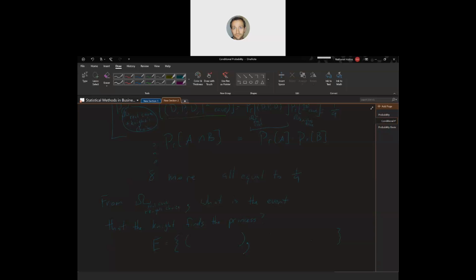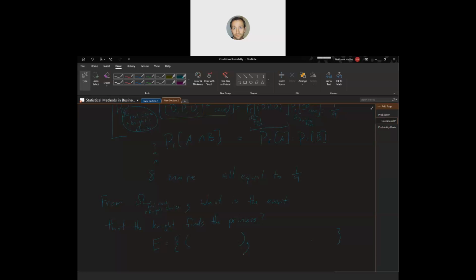Sure, give me one possible event here, such as P first cave.